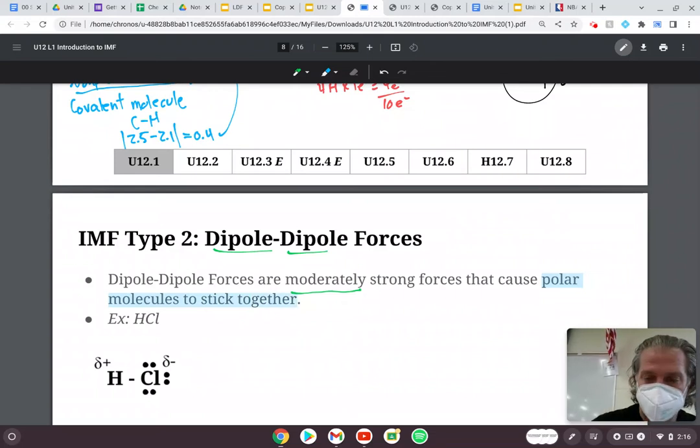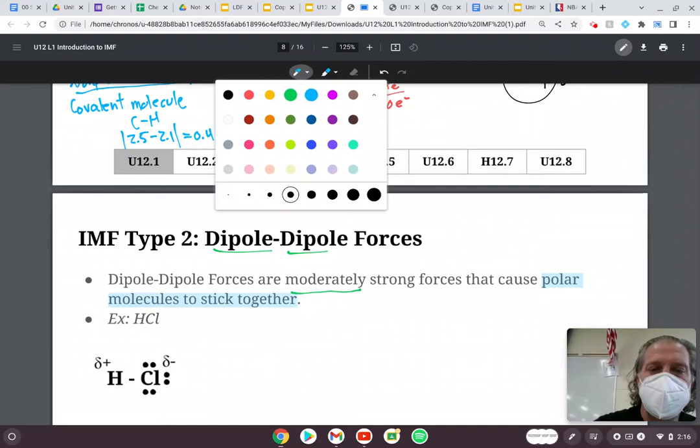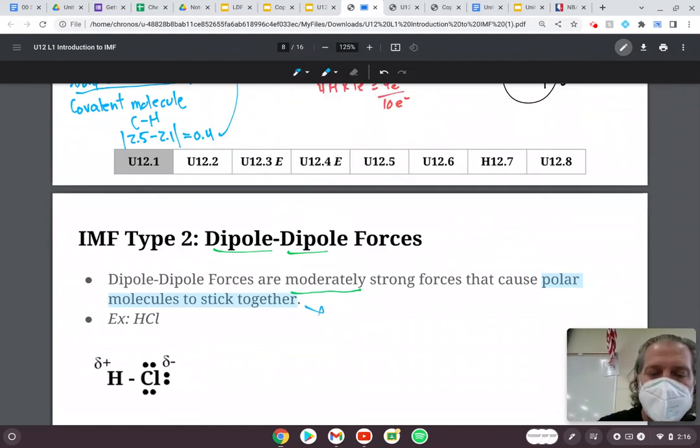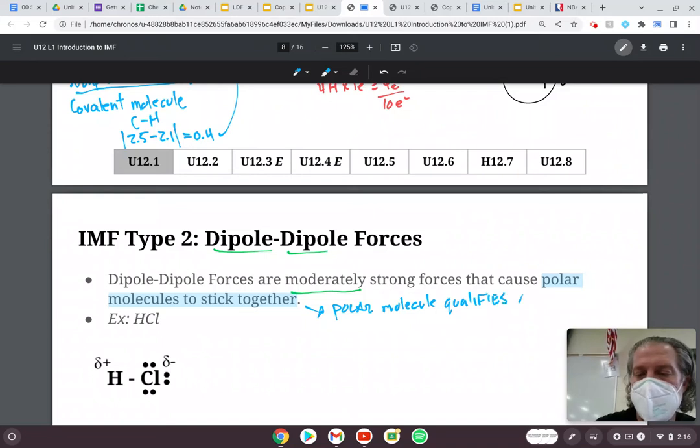So if it's a polar molecule, the qualifier is polar molecule qualifies as dipole.